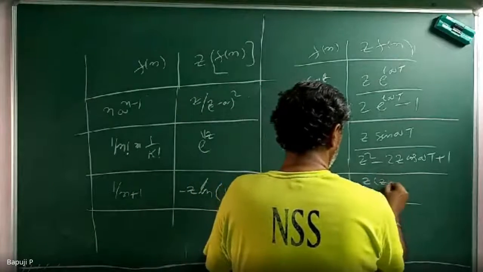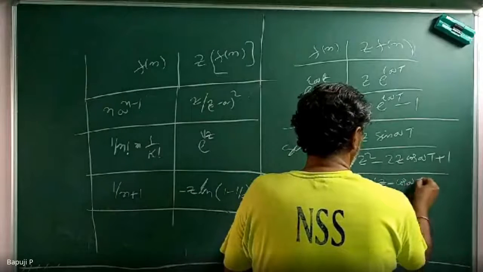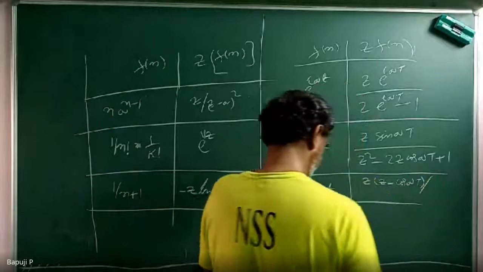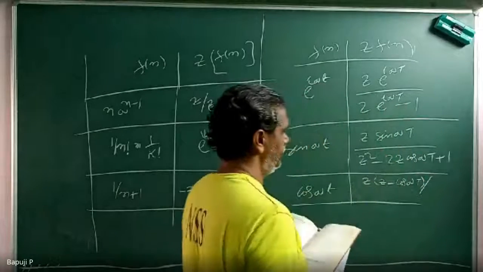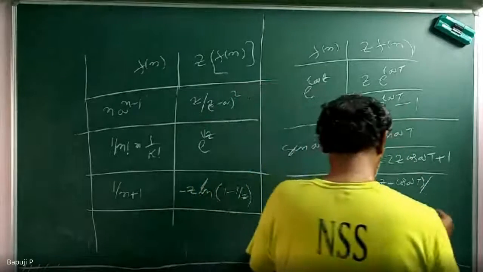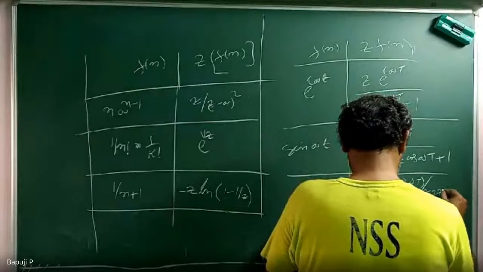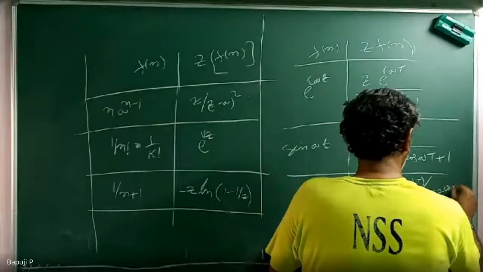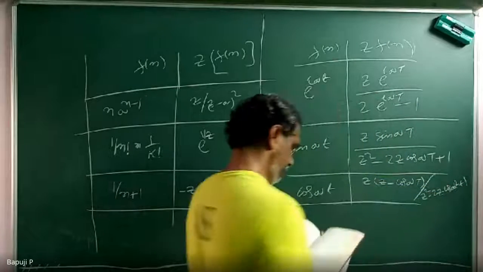Z into Z minus cos at divided by the same thing. Same story. That is for e power iat and sin at. I will divide real part and imaginary part. Z square minus 2Z cos at plus 1, this is the denominator. Copy it down fast.